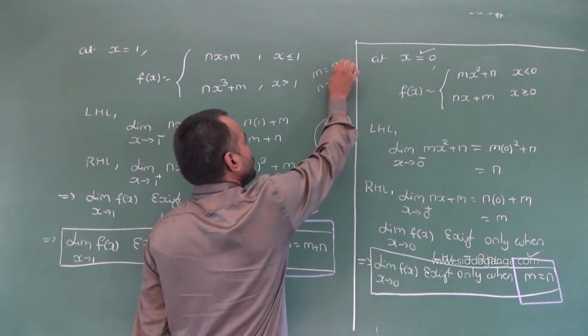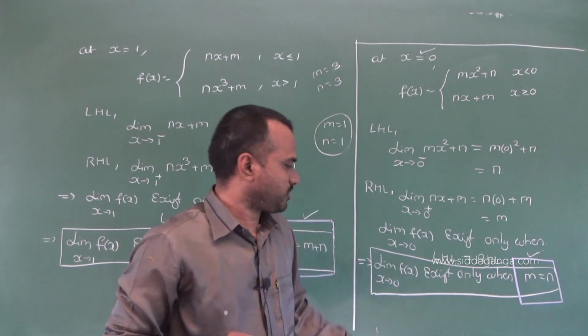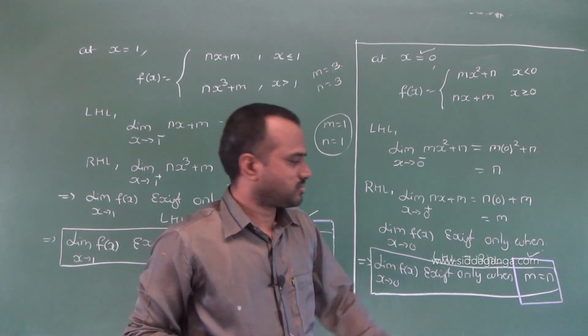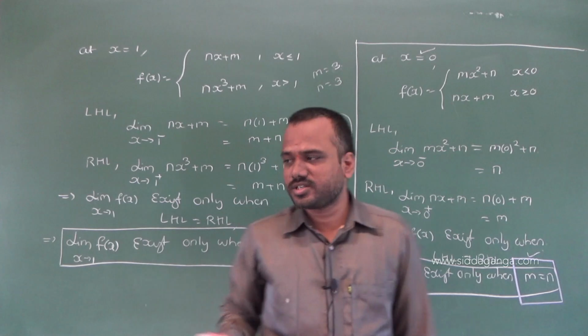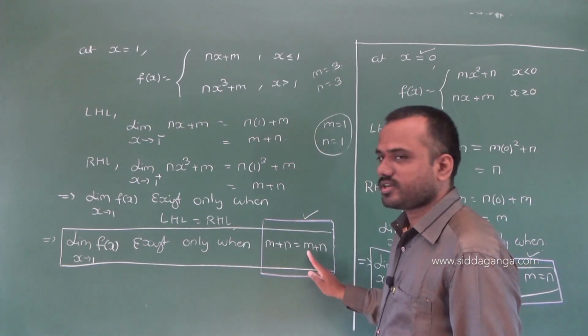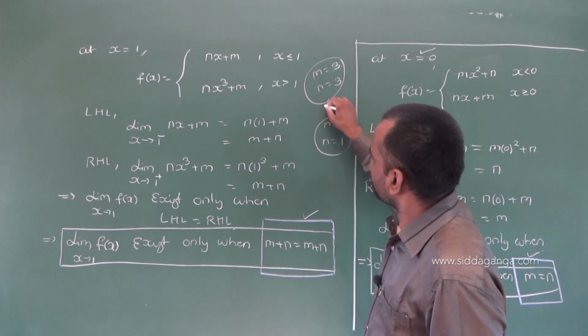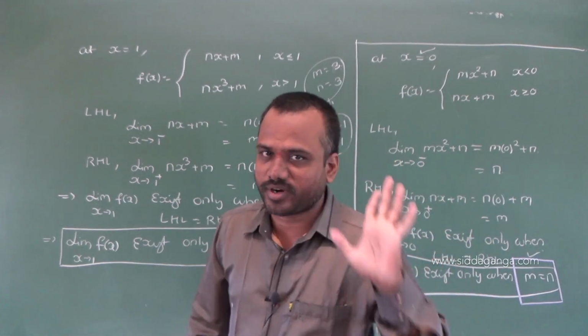If I take both the values as 3, m is equal to n is equal to 3, then as x tends to 0, the limit of f of x exists as 3. As x tends to 1, the limit of f of x exists as 3 plus 3, which is 6. By seeing these two results, we want both the limits to exist under what values of m and n.